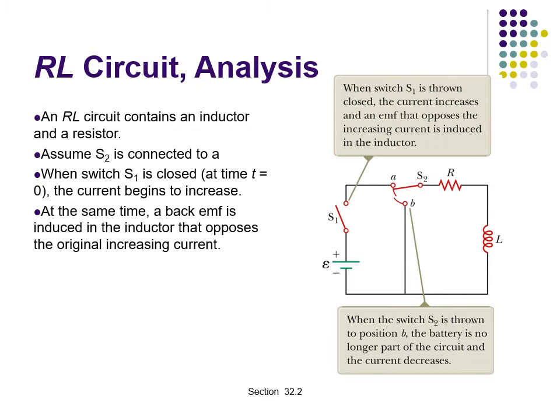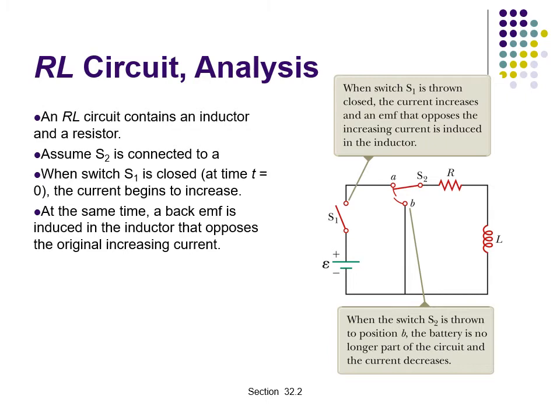The important thing that's happening there is that as it's fighting the change in the current, it's also storing up energy, much like a capacitor would. So as it allows current to start dribbling through and eventually pick up to be full E over R current, it's picking up energy and it's storing it in the magnetic field.